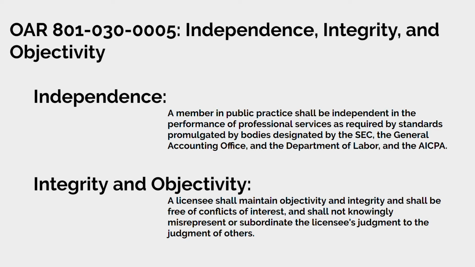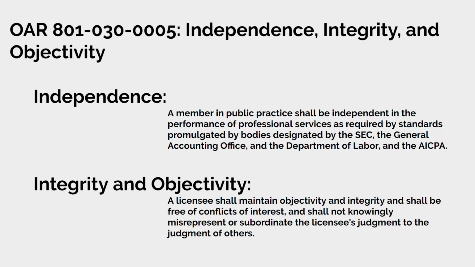So they really adhere to federal regulations. Secondly, along the lines of integrity and objectivity, a licensee shall maintain objectivity and integrity and shall be free of conflicts of interest and shall not knowingly misrepresent or subordinate the licensee's judgment to the judgment of others.